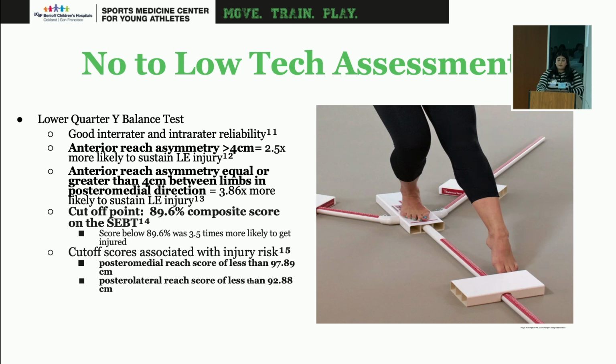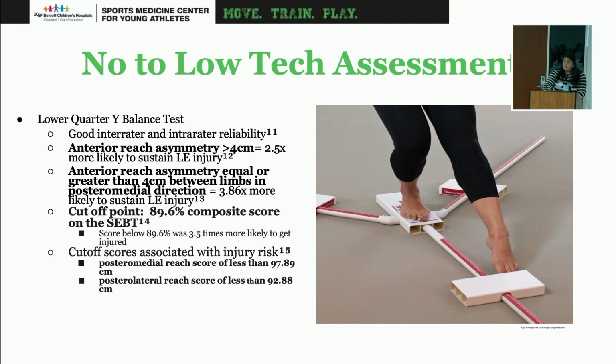According to Plisky et al., an asymmetry of 4 centimeters for the anterior reach direction indicated being 2.5 times more likely to sustain a lower extremity injury. Similarly, for the posterior medial direction, according to Gano et al., an asymmetry equal to or greater than 4 centimeters indicated being 3.86 times more likely to sustain a lower extremity injury.